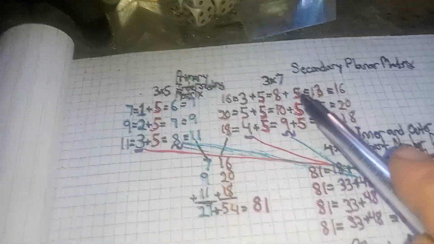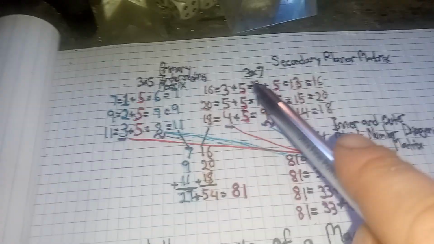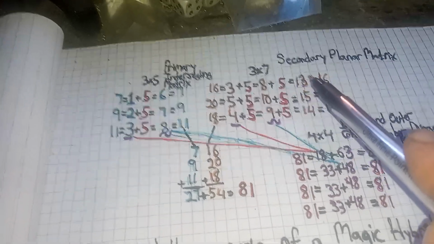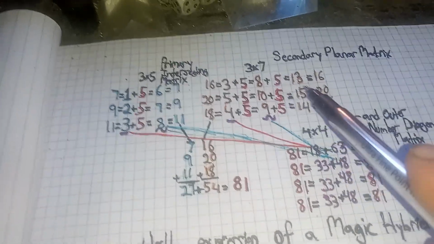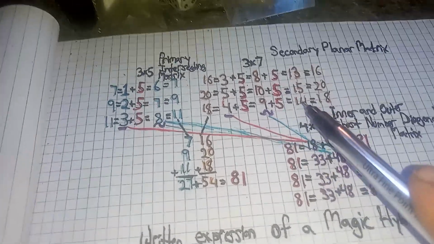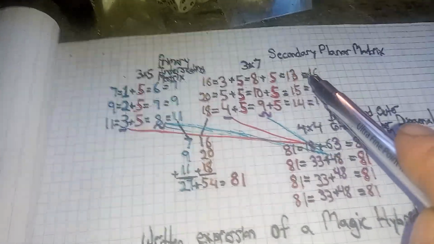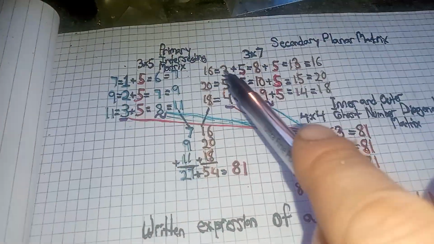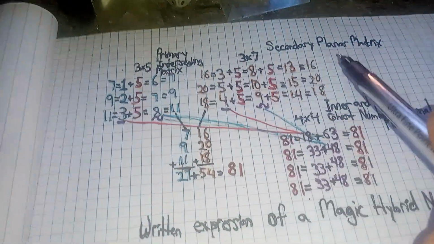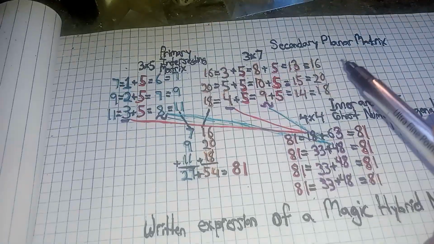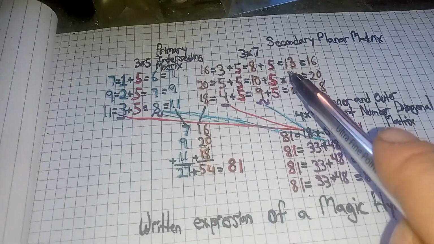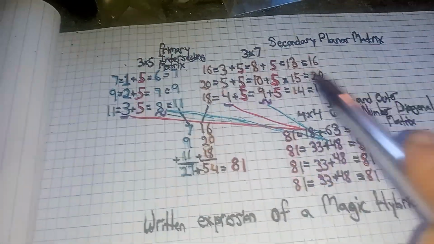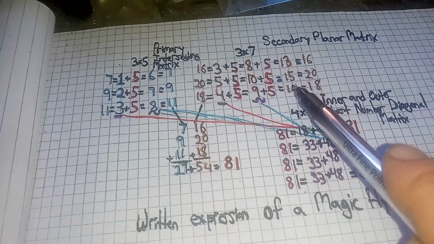So you bring down the central real number again. 8 plus 5 is 13. 10 plus 5 is 15. 9 plus 5 is 14. And then you do the commutative property on both sides, 16 and 16, or 3 plus 13 is 16 and 16. 20 is from 5 plus 15. And 18 is from 4 plus 14.